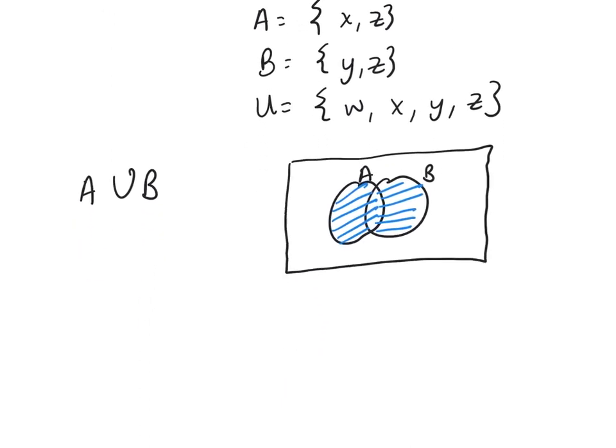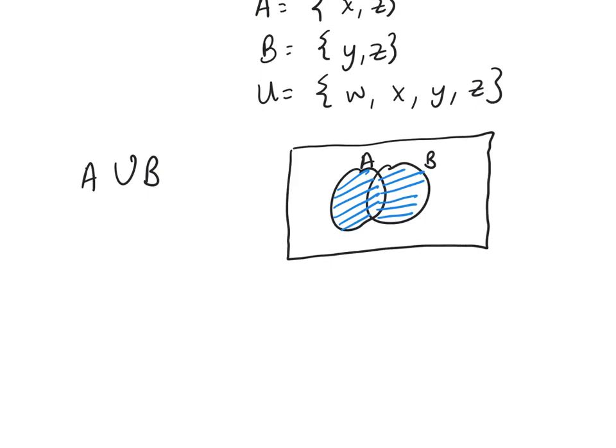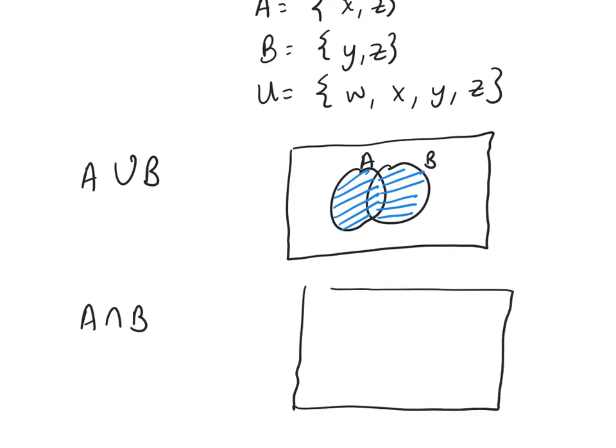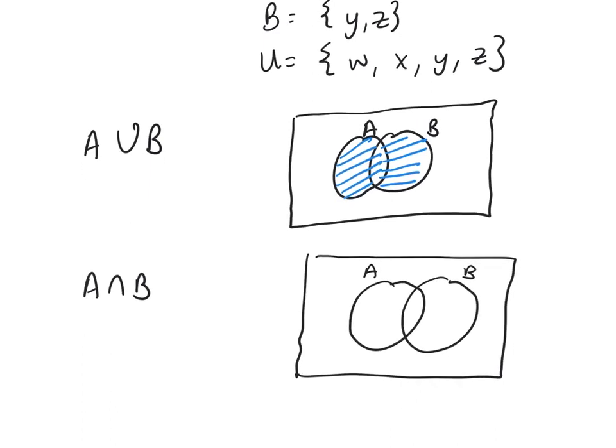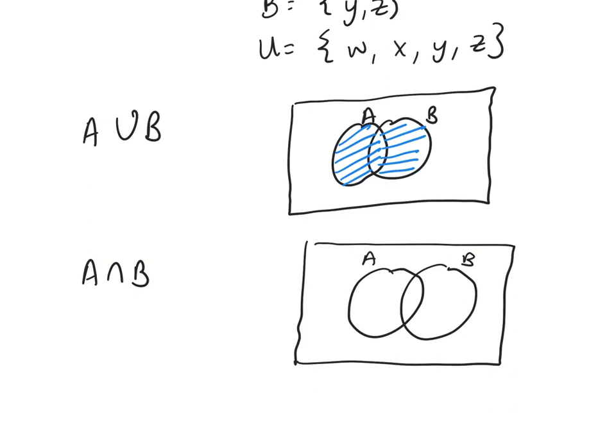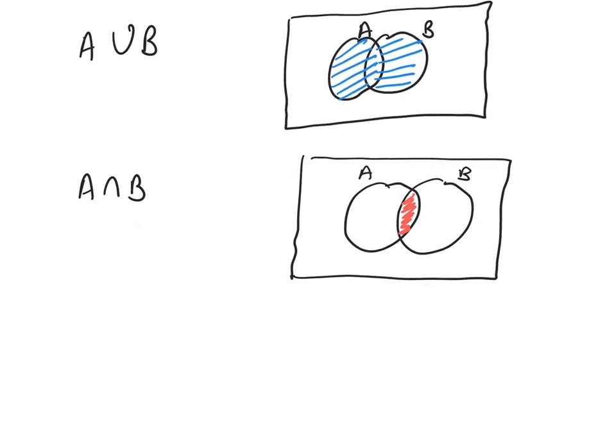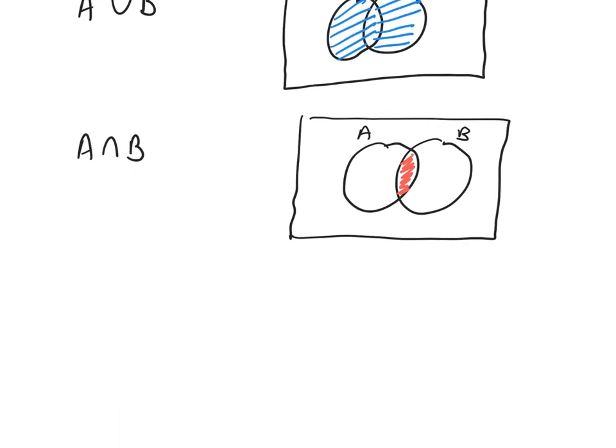What about intersection? A intersect B. Well, with intersection, it's only what they have in common. So it's only going to be the overlap. So it's just this little part in the middle. Right there. Okay, so that's intersection.